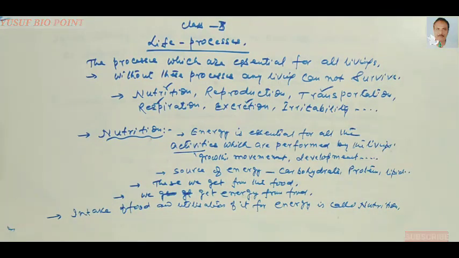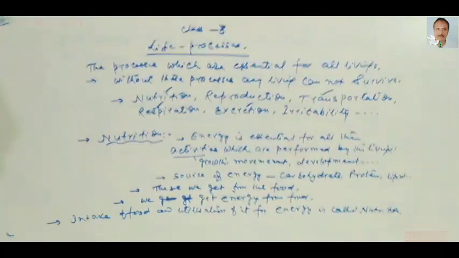Nutrition is that in which we take the food, and from that food we get the energy. That is a long process. It does not take place in a single step. It takes place in many steps, which we will discuss in the next video. So in this way the intake of food is essential for energy, which we get by means of nutrition.